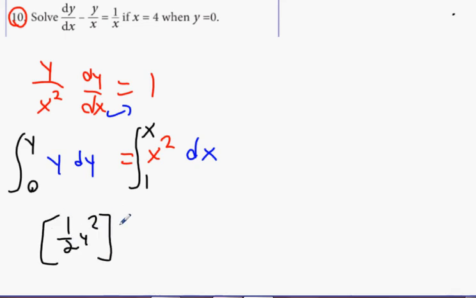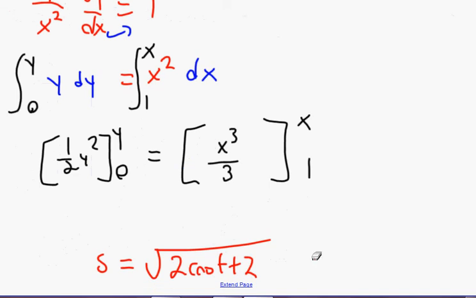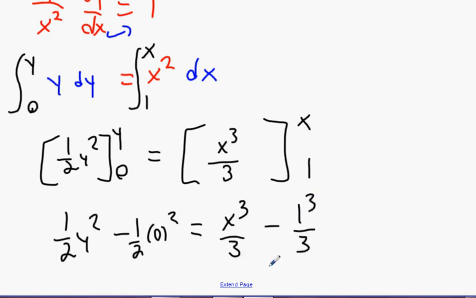Half y squared, y to 0. Integrate that one. x cubed over 3. x to 1. And then what we get here is a half y squared minus a half times 0 squared equals x cubed over 3 minus 1 cubed over 3.